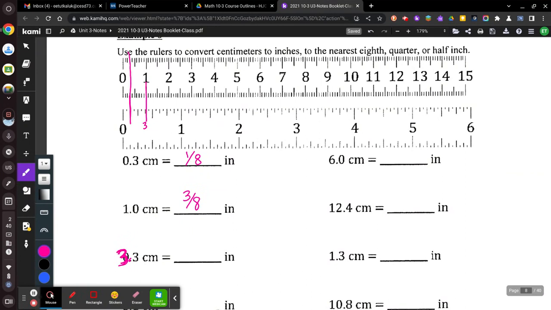So 3.3, where do we find him? 3.3 is going to be about right there. So we're going to come straight down. We end up at 1 over 4, 2 over 4, or 2 over 8. So we get about 1 and 2 out of 8, which would be about 1 and a quarter, around there. 2 out of 8 or 3 out of 8 would be okay.